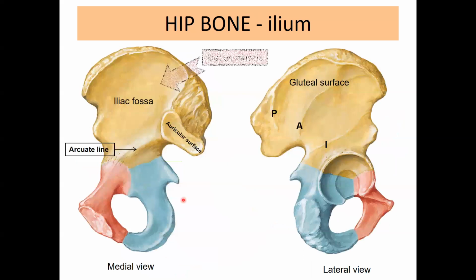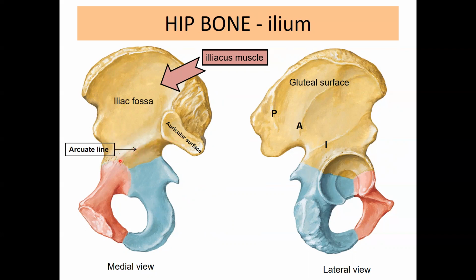All right, back to the ileum. On the medial side of the ileum, you have a structure called the iliac fossa. This is the iliac fossa. It extends from the iliac crest up here until the arcuate line down here.